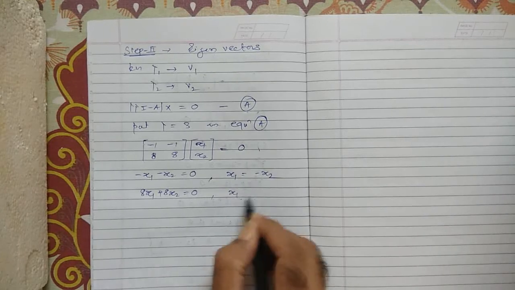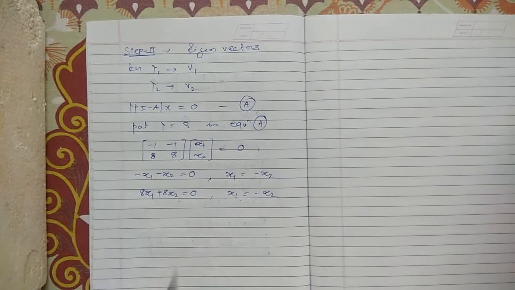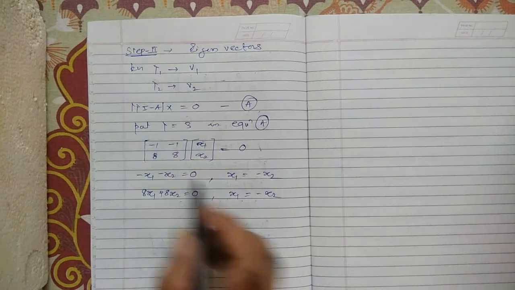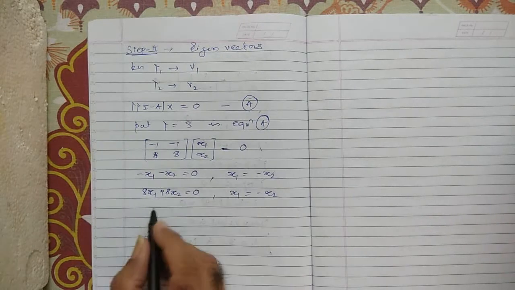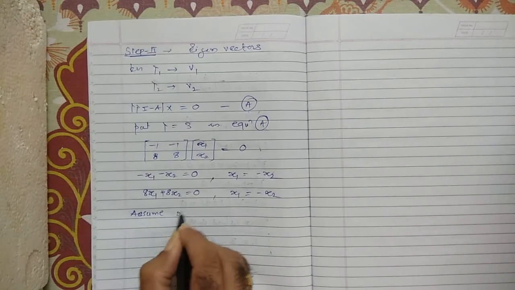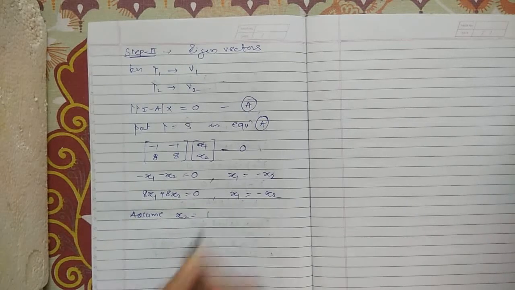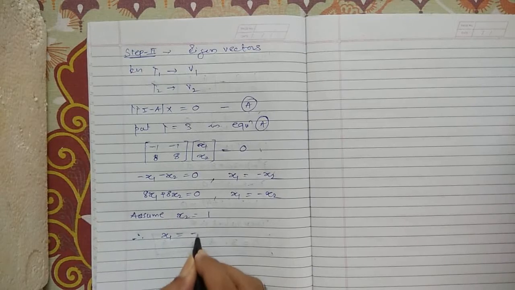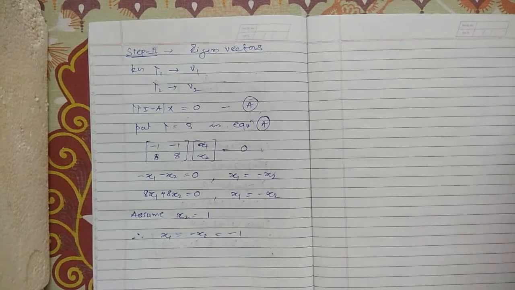So again we get x1 equals minus x2. Both equations give the same values. Now from this equation assume x2 equals 1. Therefore x1 equals minus x2 equals minus 1.